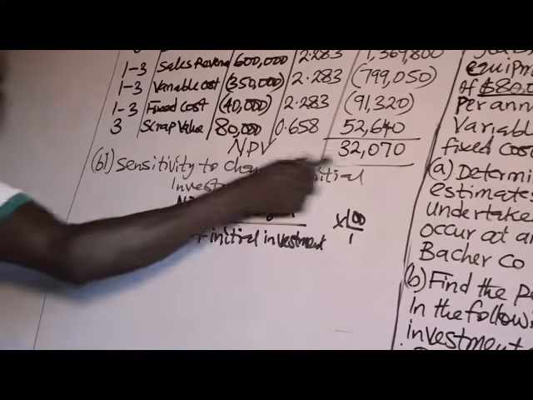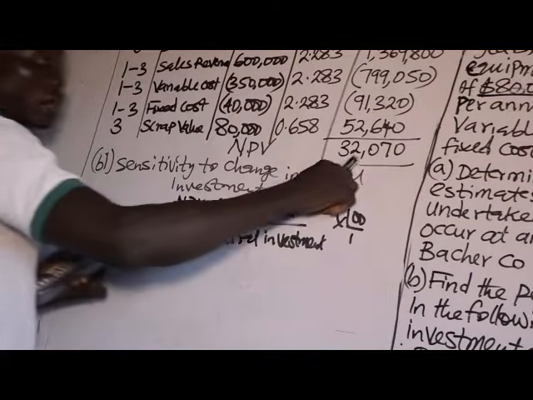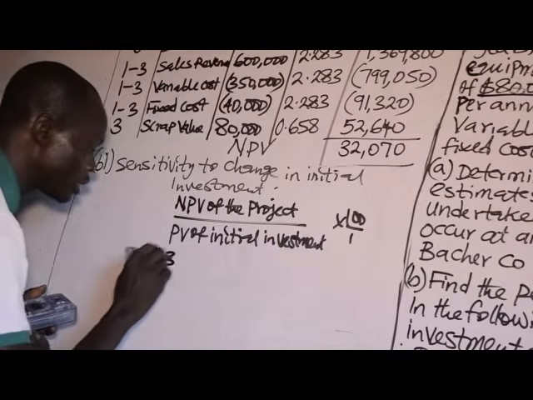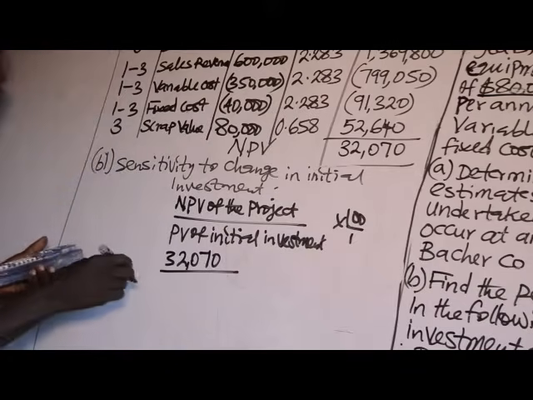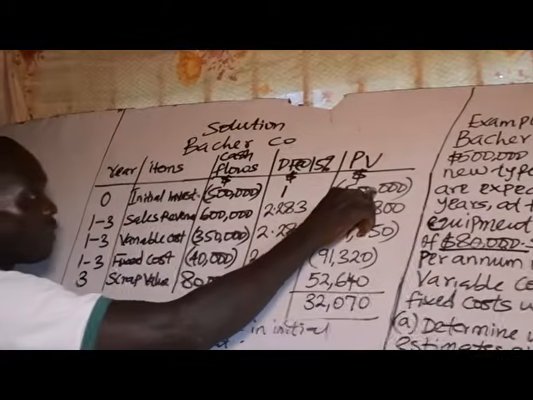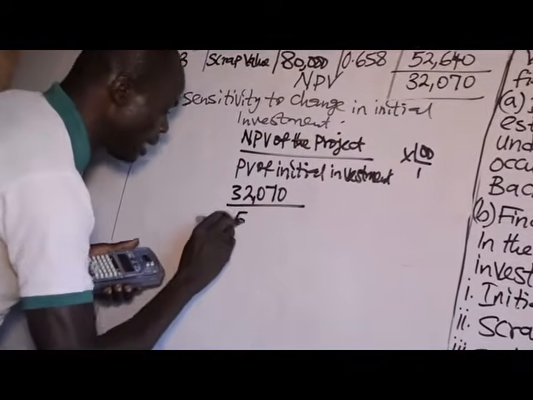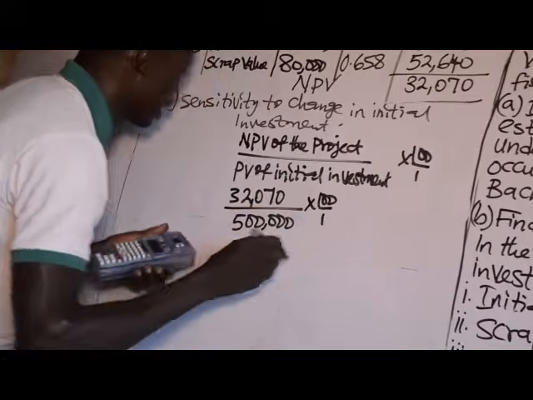The net present value of the project as calculated is 32,070. NPV is 32,070 over PV of initial investment. The present value of initial investment is 500,000. We divide by 500,000 times 100 over 1.